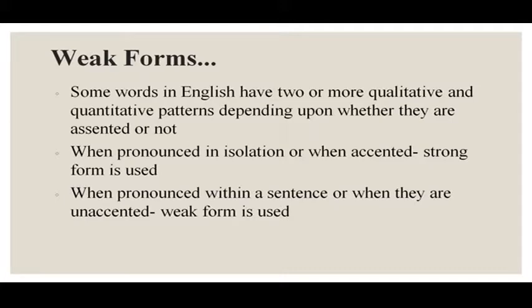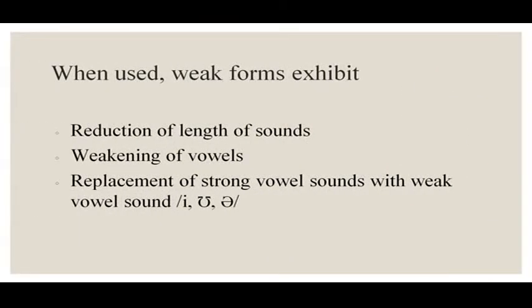And when they are unaccented or used in sentences, the weak forms of these words are preferred. When used in sentences, the weak forms exhibit reduction of length of speech sounds, weakening of vowel sounds used in them, and replacement of strong vowel sounds with weak vowel sounds I, U, or A.